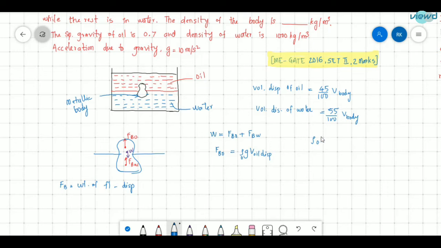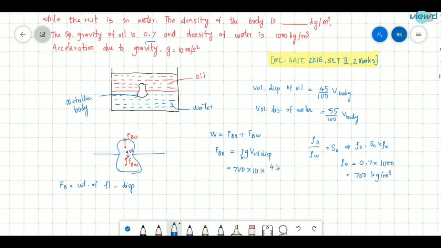Density of oil by density of water is equal to the specific gravity of oil. So the density of oil is equal to specific gravity of oil into density of water, which is 0.7 into 1000 kg per meter cube. So 700 kg per meter cube is the density of oil.